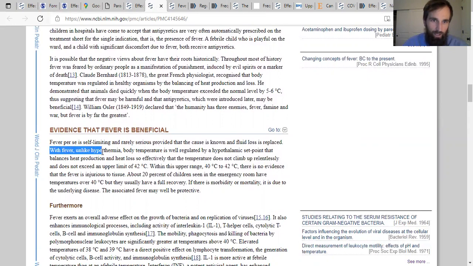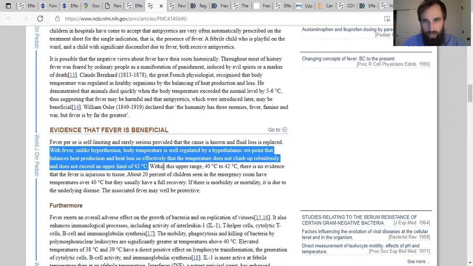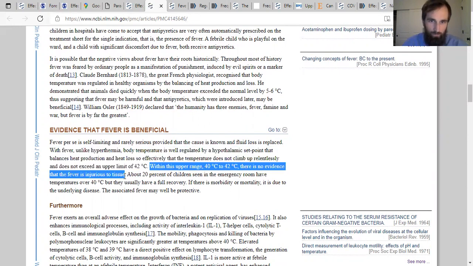So with fever, unlike hyperthermia, body temperature is well regulated by the hypothalamic set point that balances heat production and heat loss so effectively that the temperature does not climb up relentlessly and does not exceed the upper limit of 42 degrees Celsius. Within this upper range, 40 to 42 degrees Celsius, there's no evidence that fever is injurious to tissue.